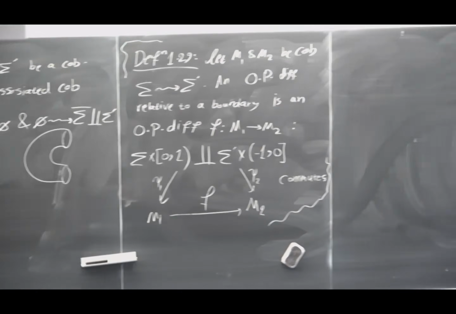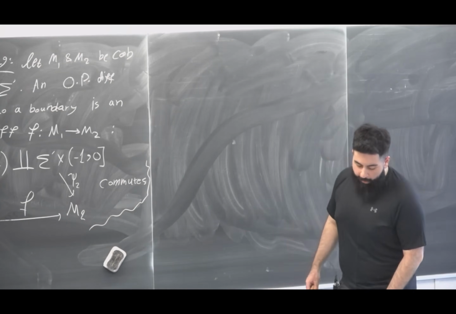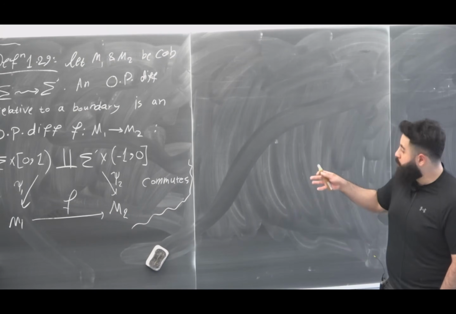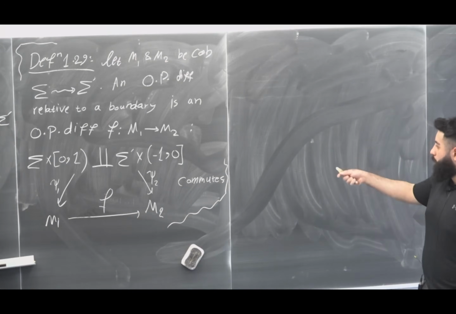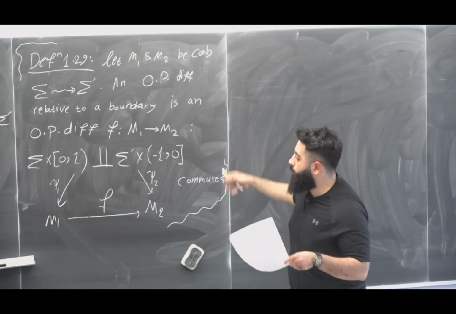So here's an exercise. The exercise is about different choices of U and psi. U are, I guess, you could call it the ambient space maybe.